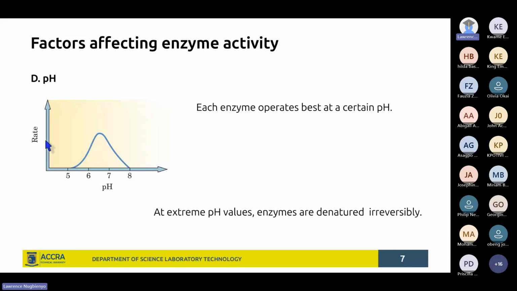And so what it means is that the enzyme, the common enzyme active in our mouths is what? Salivary amylase. And salivary amylase acts on carbohydrates, breaking down polysaccharides into monosaccharides.